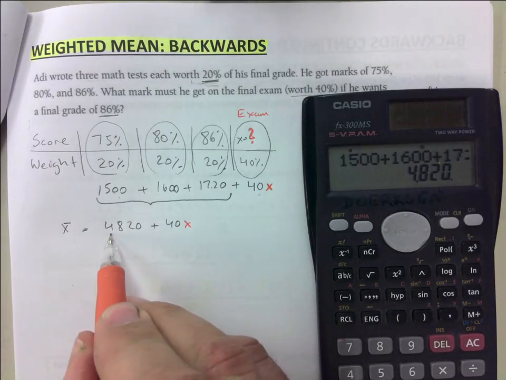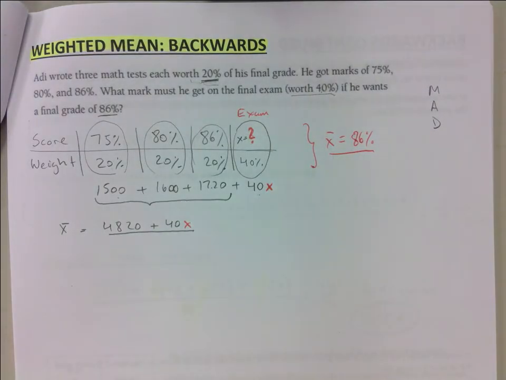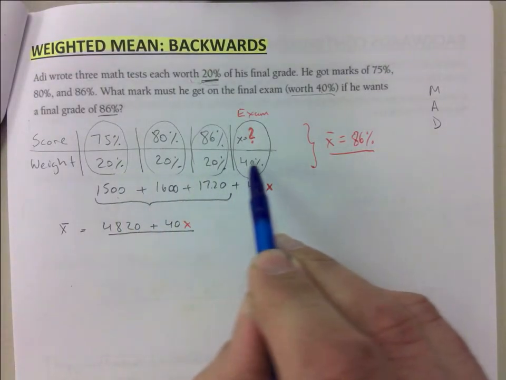What are we going to divide this by? Do you remember what we check for when it's percentage? We see if the weights add up to 100, right? Can you tell that this is going to be 100?